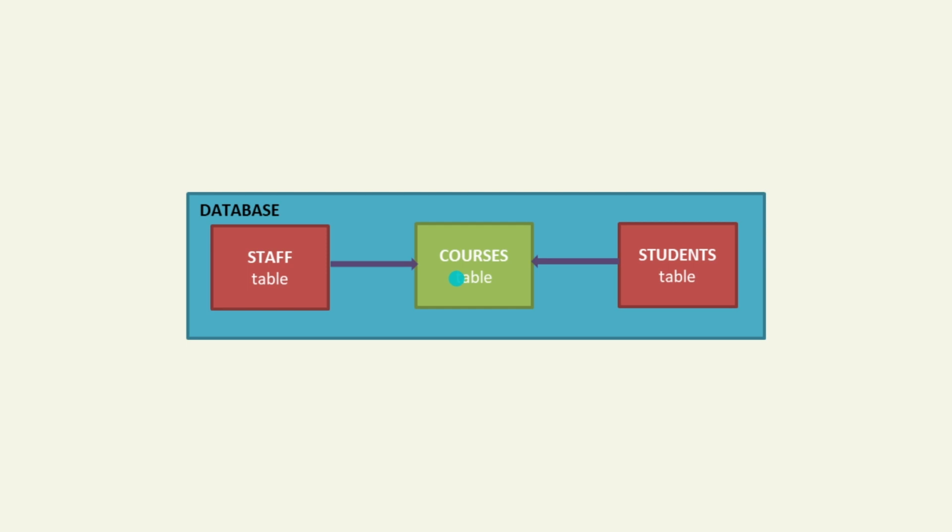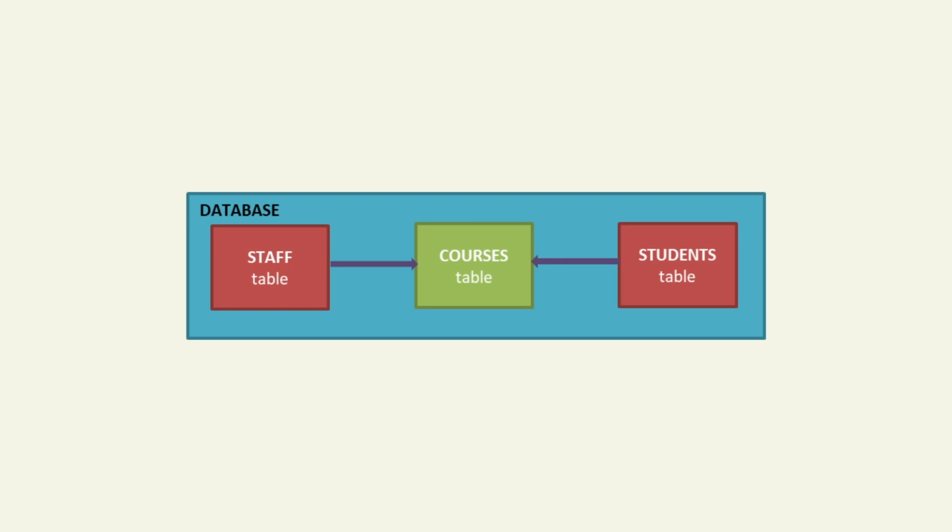Next, we need the students table because students will come and opt for at least one course. Hence, the relationship is students being dependent on enrolling for at least one course. Now, let's come to the third table, that is the staff.